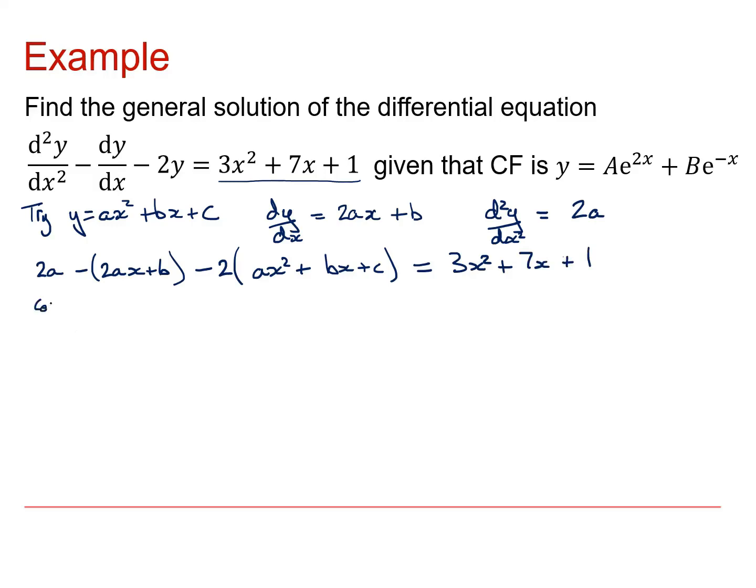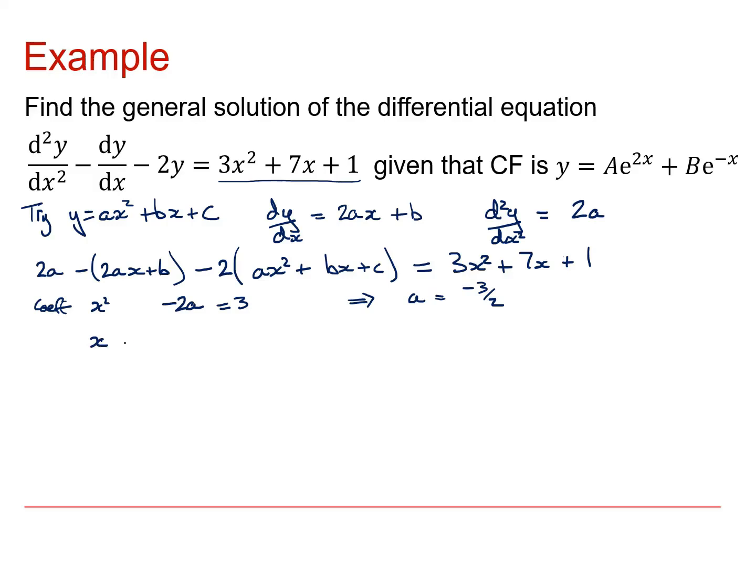So I'm going to look at the coefficients on both sides. If I start by looking at the x squared coefficients, on this side I've just got minus 2a, and on this side I've got 3. So that tells me that a is equal to minus 3 over 2.